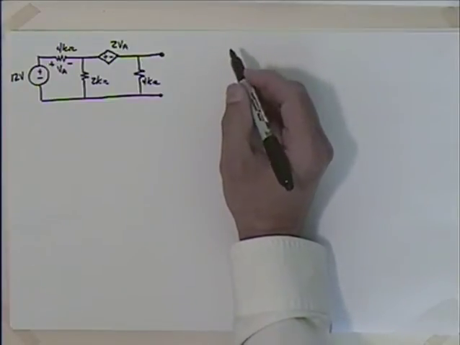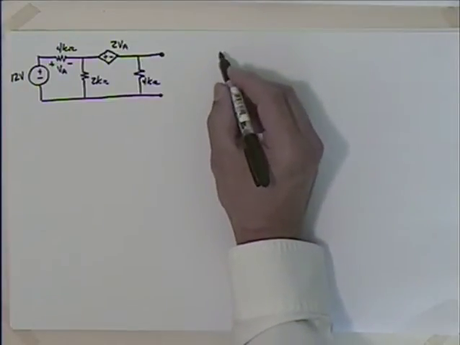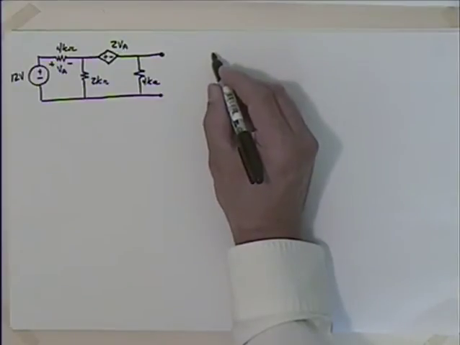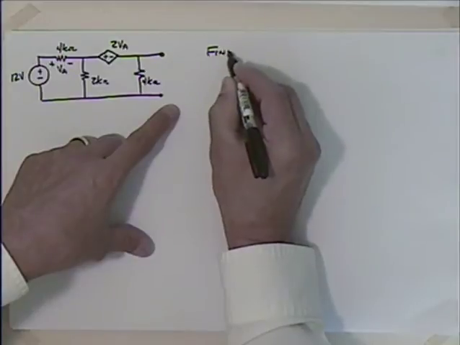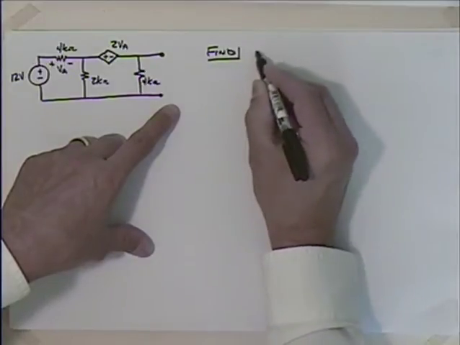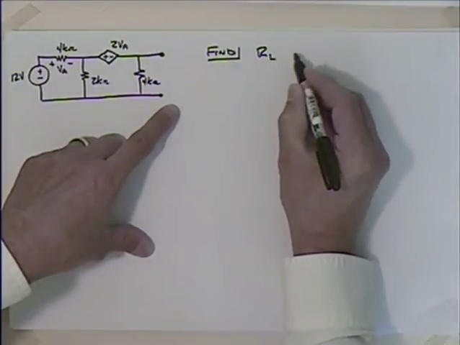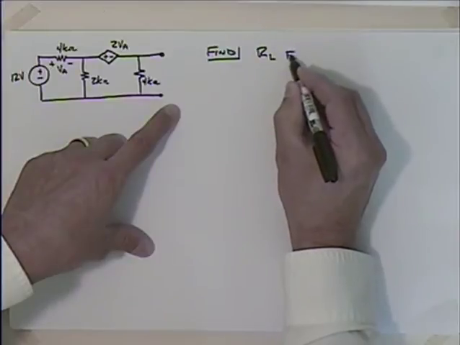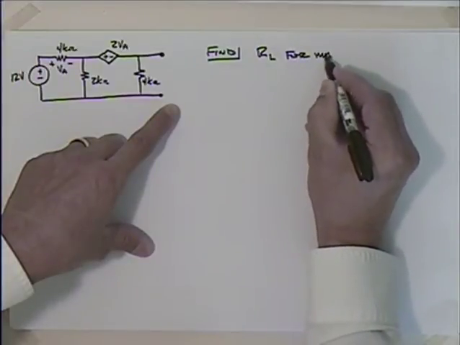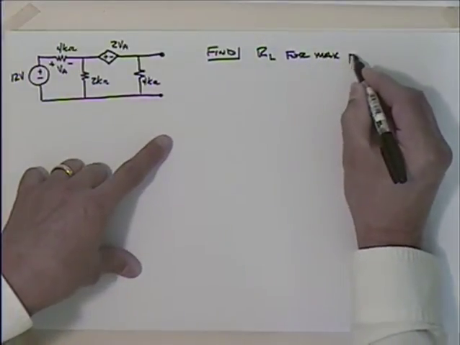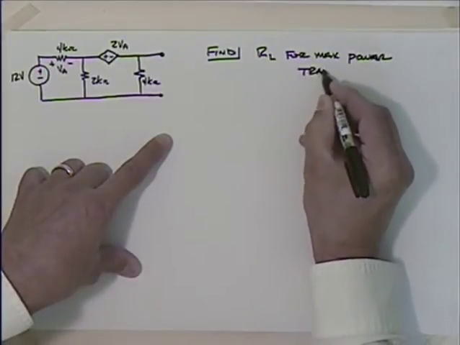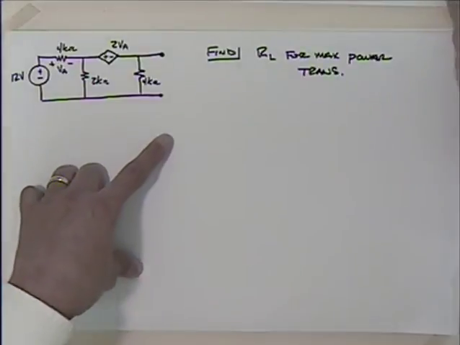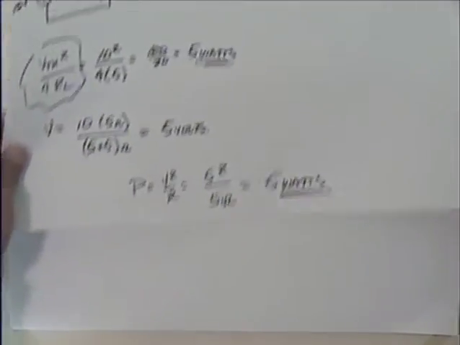to come up with the resistance, the resistance for maximum power transfer. So find RL for maximum power transfer. Okay, I got off on my page numbers here.